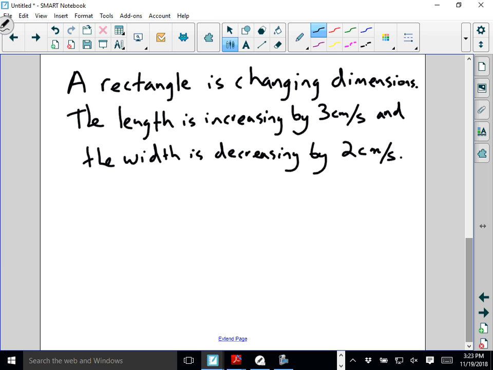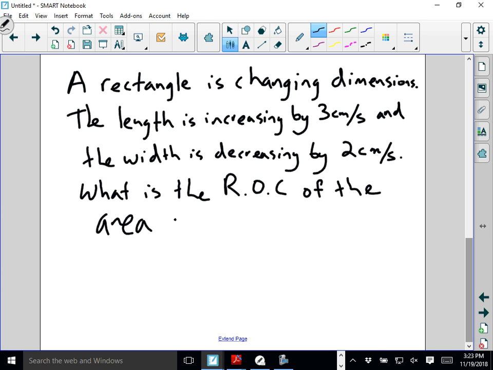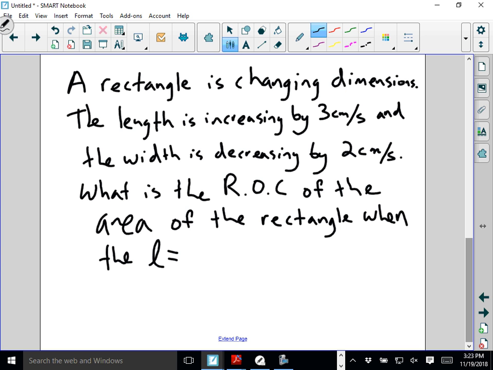What is the rate of change of the area of the rectangle when the length equals 10 centimeters and width equals 6 centimeters?